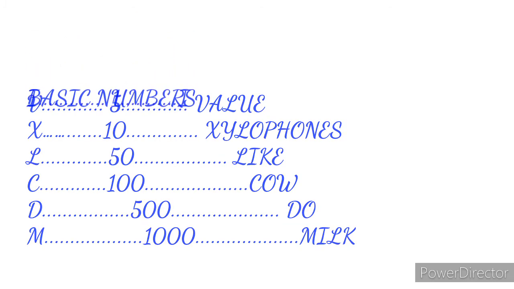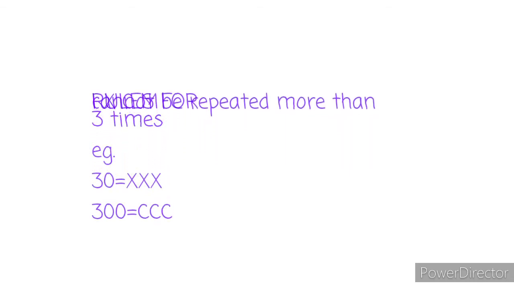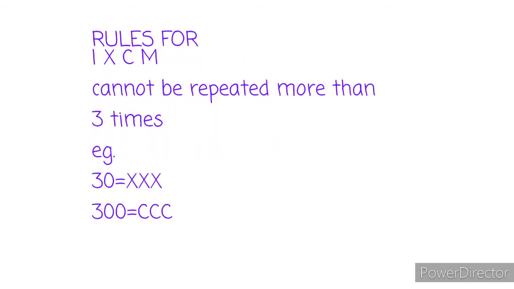There are certain rules that have to be followed while writing these Roman numbers. First rule: I, X, C, M cannot be repeated more than 3 times. If you want to write 30, we write X, which represents 10, three times: XXX. 300 is CCC.